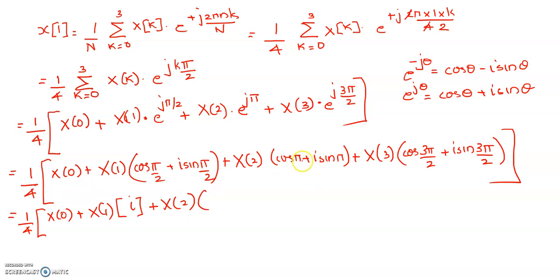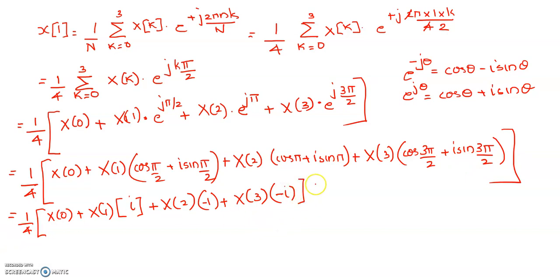Cos pi is minus 1, and j sin pi is 0. And plus x of 3, cos 3 pi by 2 is 0 and sin 3 pi by 2 is minus 1, so it becomes minus j.